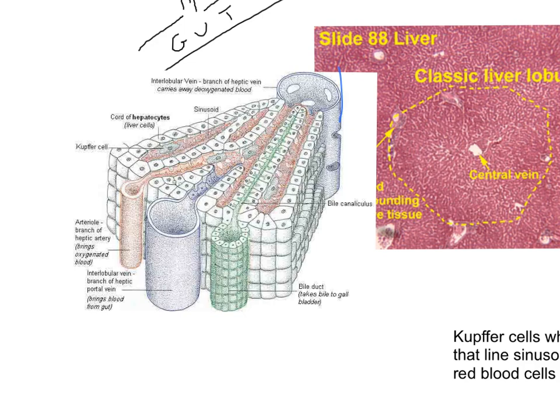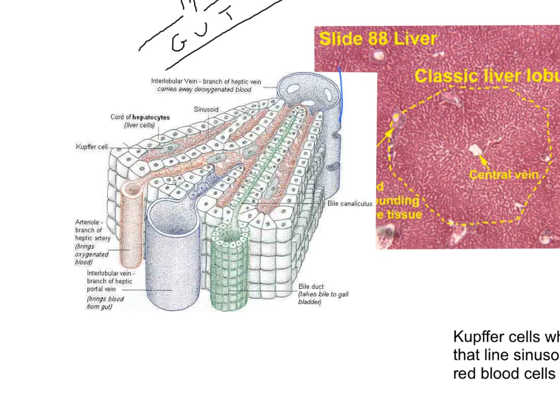On the outside we have branches of structures. We've got the hepatic artery here, we've got the hepatic portal vein here, and then we've got a branch of the bile duct here.